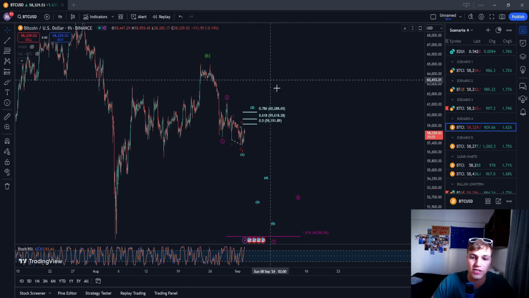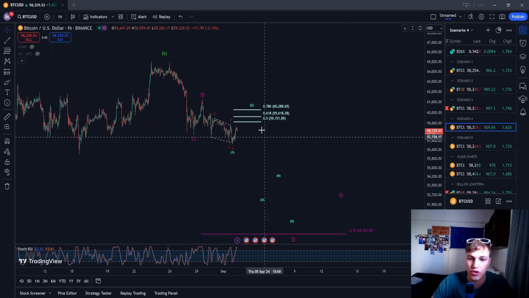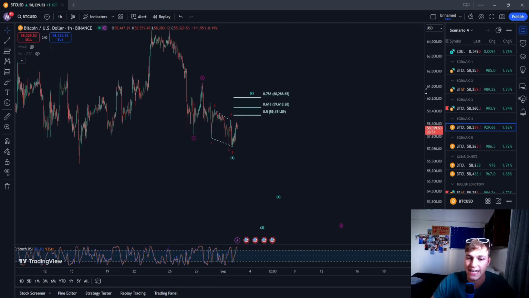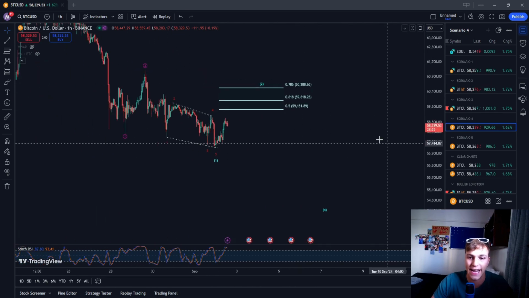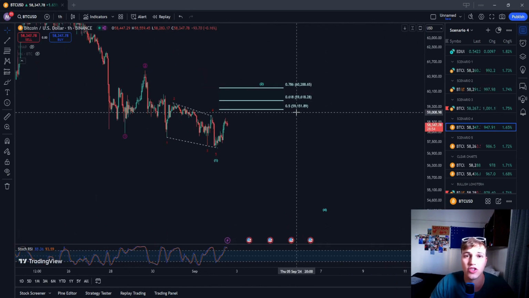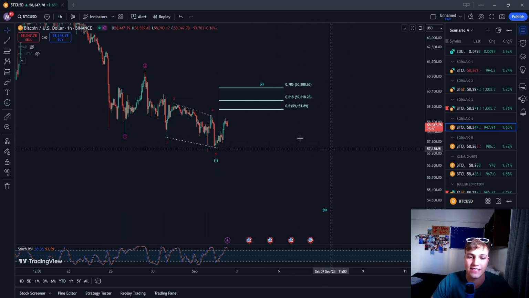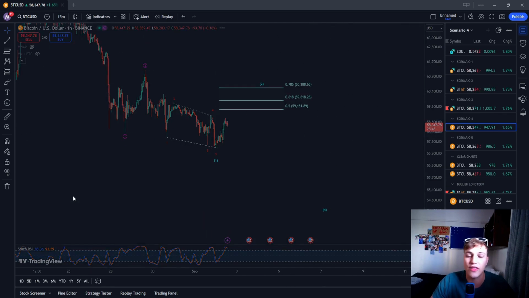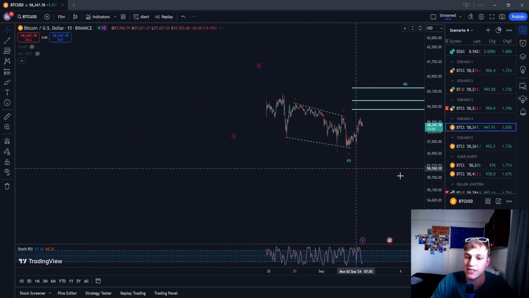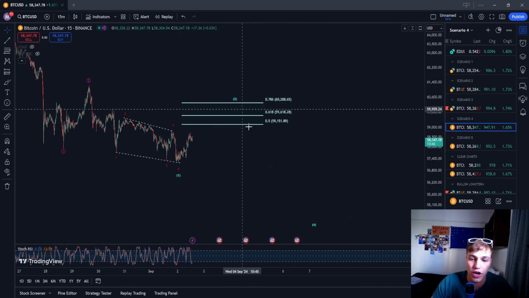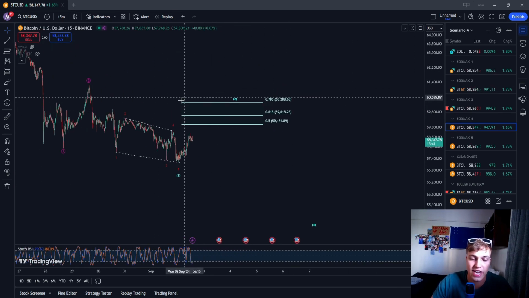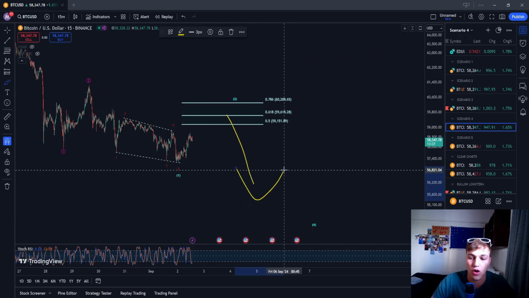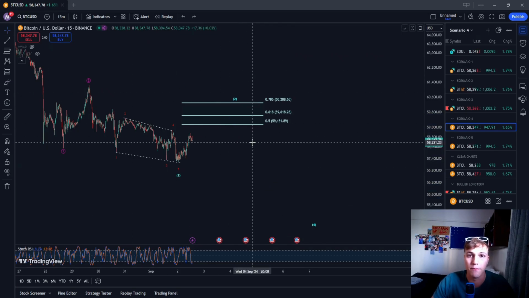But if you do want to take one, scaling into this wave 2 at 60,288 to 59,151 would be the scenario or the trade that I take on the hourly time frame. That is actually also the 15-minute time frame, as we would short from this second box here in blue, targeting that massive third wave move.